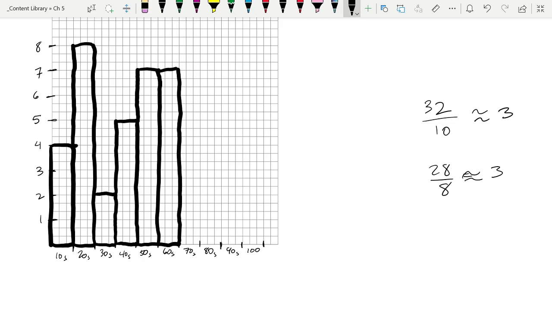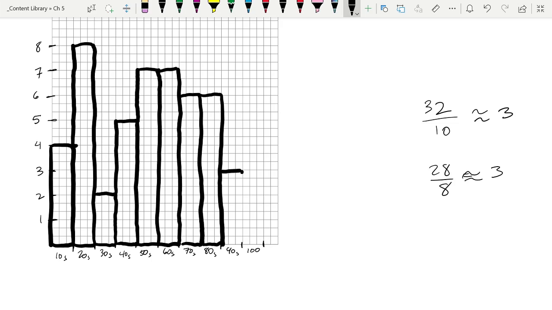And there were 6 students in the 70s, and 6 students in the 80s. And in the 90s we had, is it 3? Yeah, we had 3 students in the 90s.